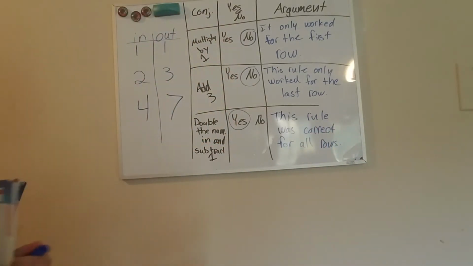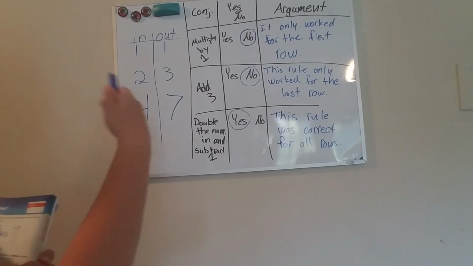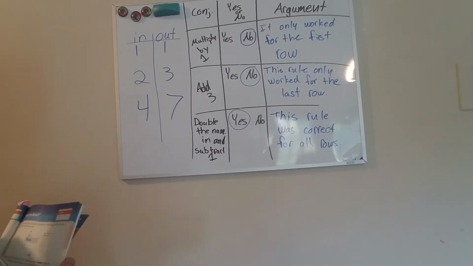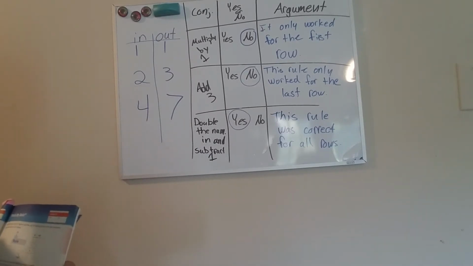Okay? Simple arguments, simple explanations, but they still give us that correct outcome and that correct awareness of what we were looking for in this problem. Make sure you fill out your chart completely, pause if you need to, and then jump back on and see what's next.